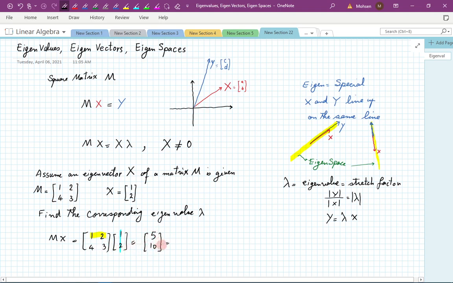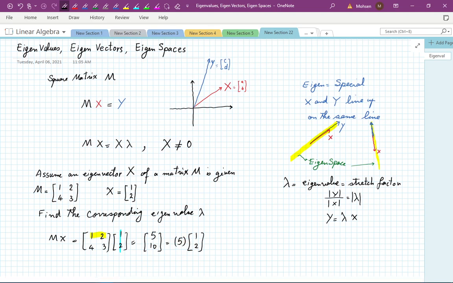Now we ask, is there a special relationship between the output and the input? In what sense? Is this the stretched version of that? Yes, it is stretched. The stretching factor is 5. If I take 5 and multiply with my input, the output becomes this. That is what is special about the situation, that the output is a multiple of the input.